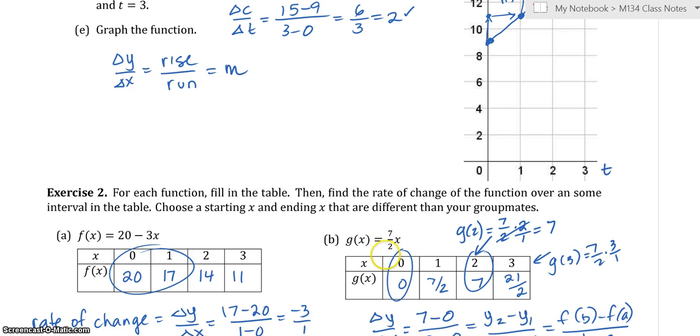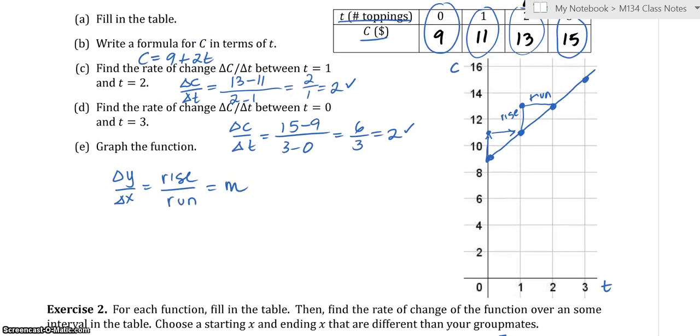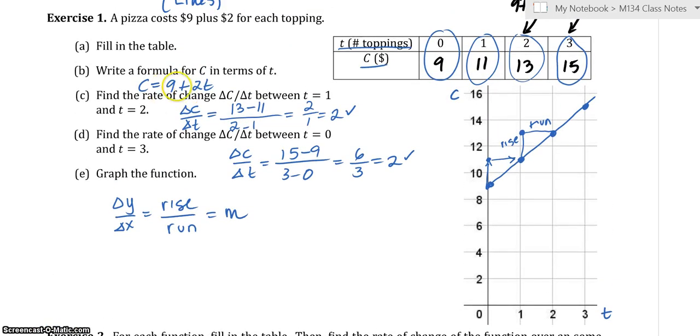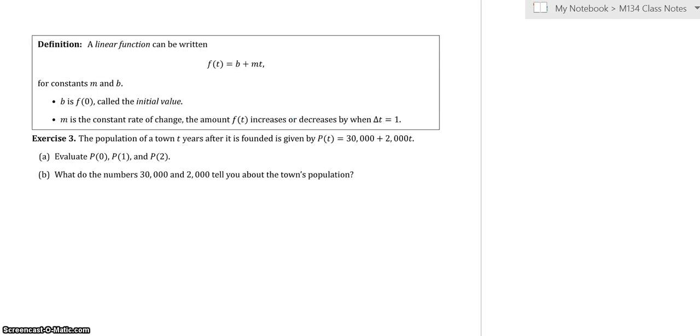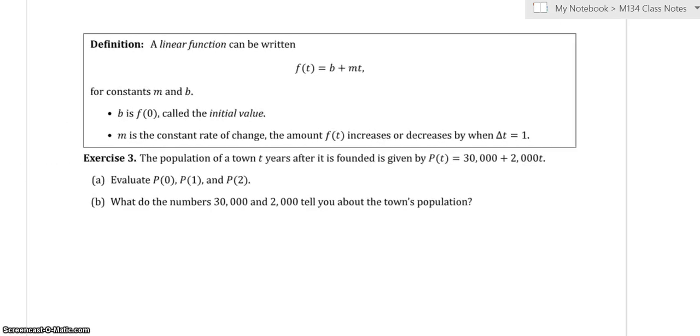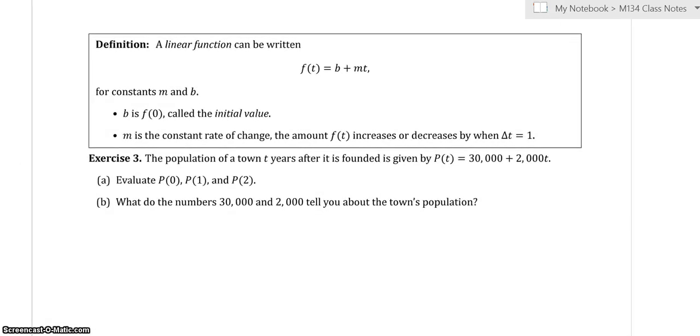Even this one, because it's like saying 0 plus 702. Right? We have a constant and just a plain x or a plain t. So it turns out that this is the general formula for constants m and b.